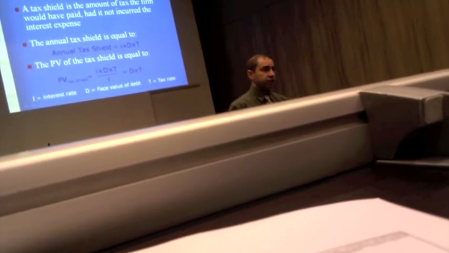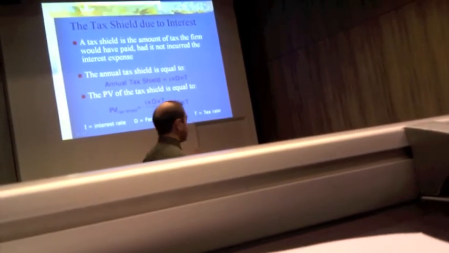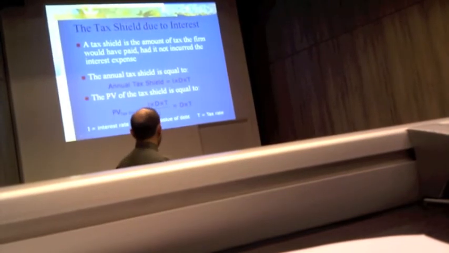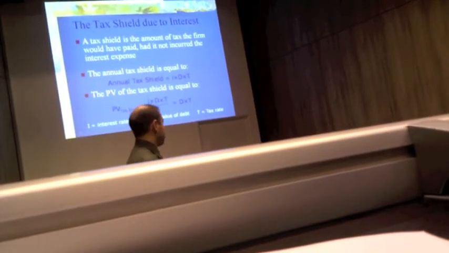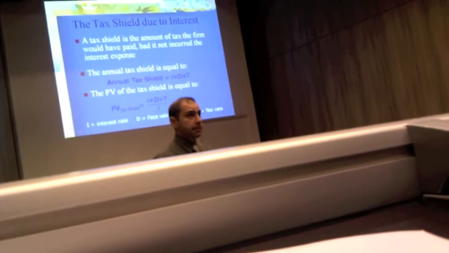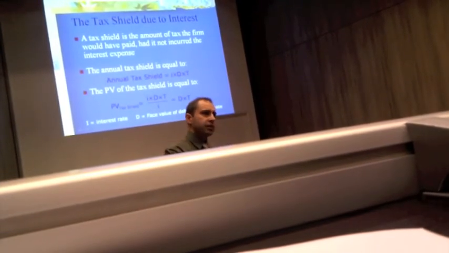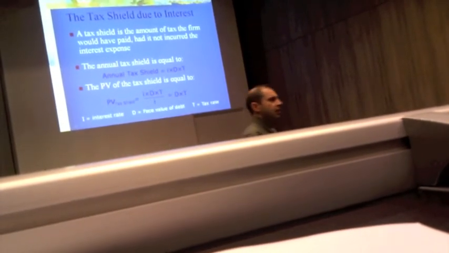Let's see. A tax shield is the amount of tax the firm would have paid had it not incurred the interest expense. Now, the annual tax shield is equal to interest rate multiplied by debt multiplied by the tax rate. Now, if we want to focus on the present value of that figure, then we simply have to use the present value formula. What is the present value formula?